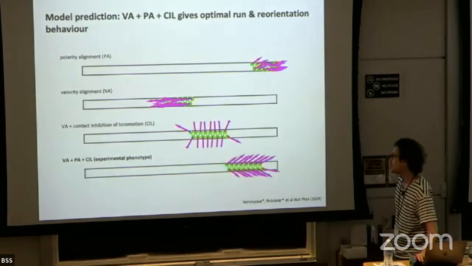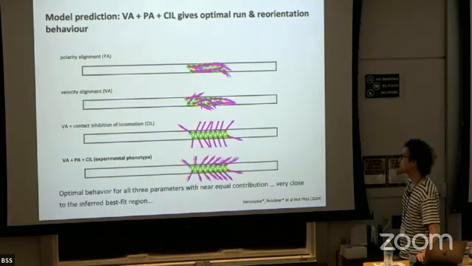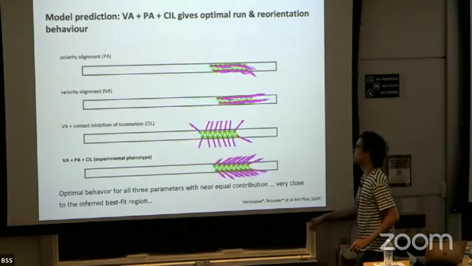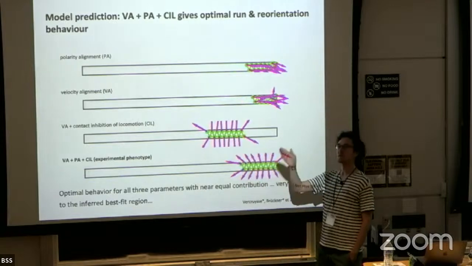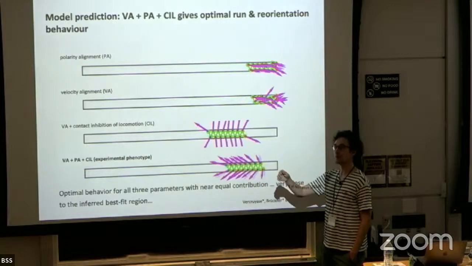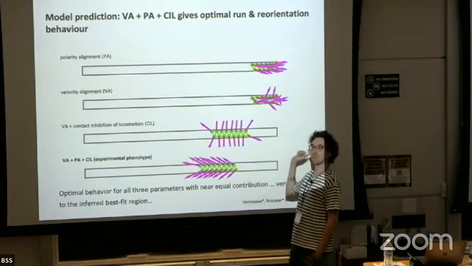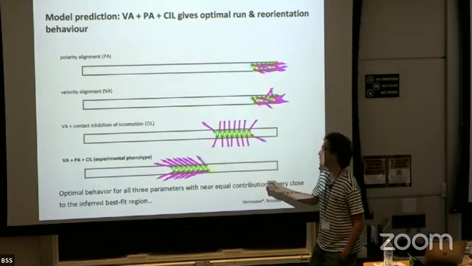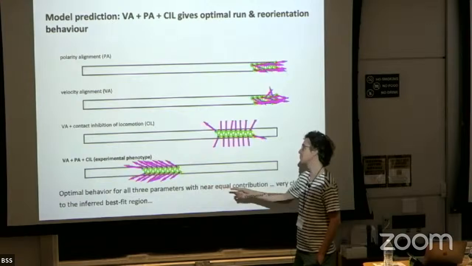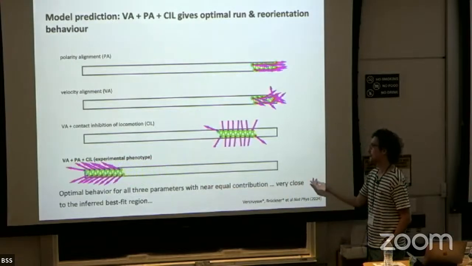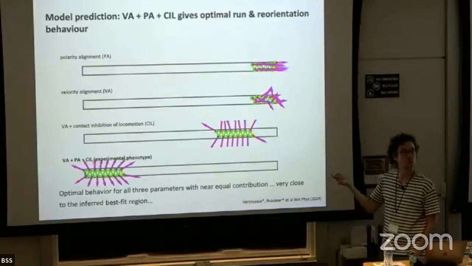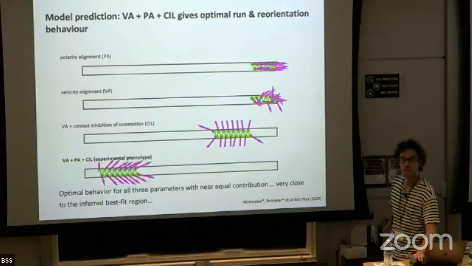So what we propose theoretically is that if you optimize for speed not in an infinite environment but in a place where you have to repolarize, you get optimal behavior with all 3 interactions at near equal contribution, which is very close to the parameter regime that we had extracted.